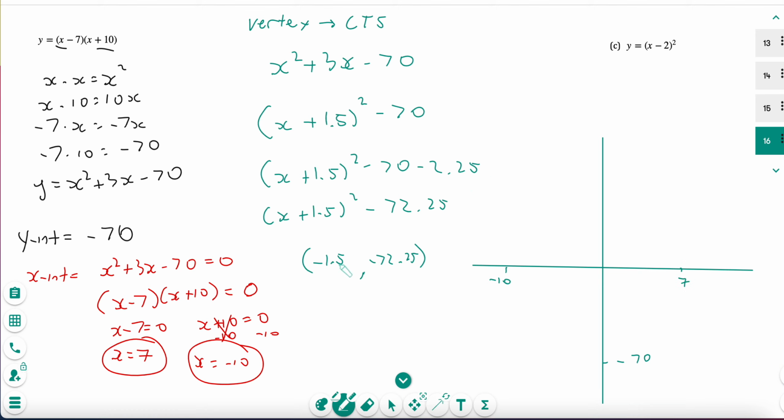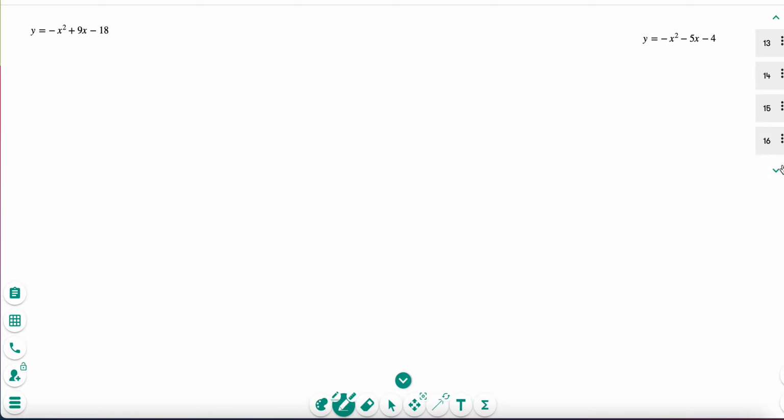And our turning point is negative 1.5, negative 72.25. So we have one coordinate here, one coordinate here, one coordinate here, one coordinate here. And it looks like that should be more like a curve shape.